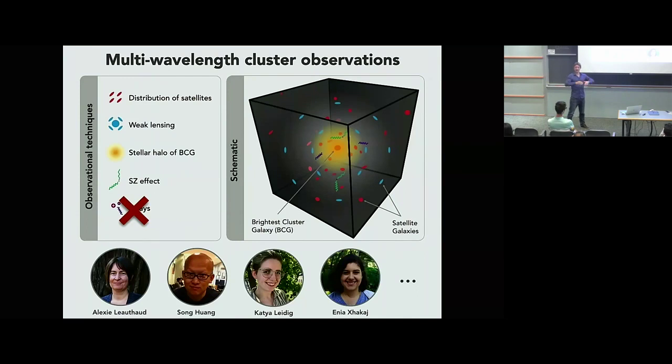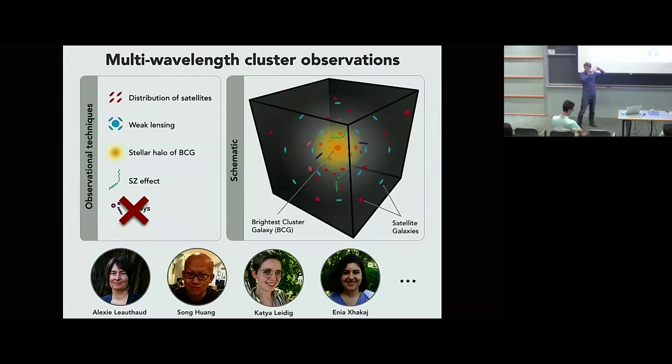We can take power spectra and then cross-correlate, but we ignore information about individual halos where the data came from. Right? That's very powerful in its own way. And people are doing that. But we are going the opposite route, which is we actually want to preserve information about the individual clusters. So we really want to take clusters where we have all of these probes for the same halo.